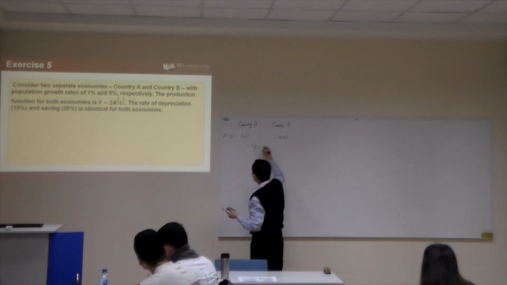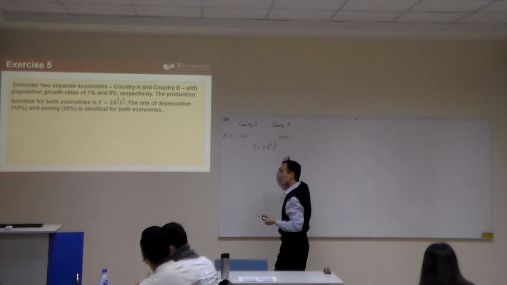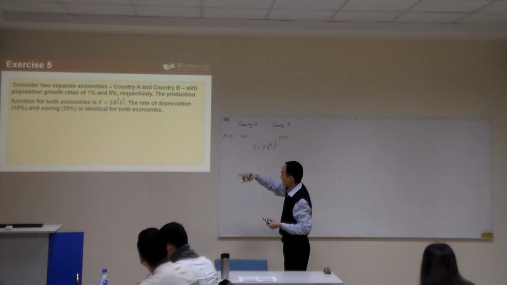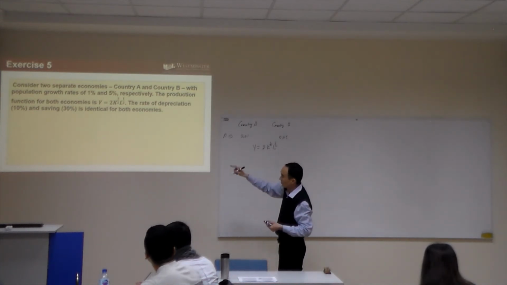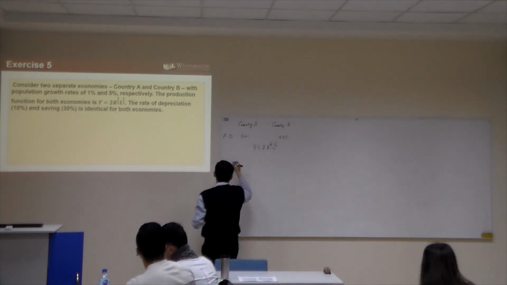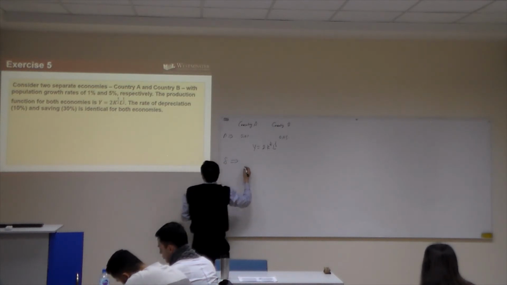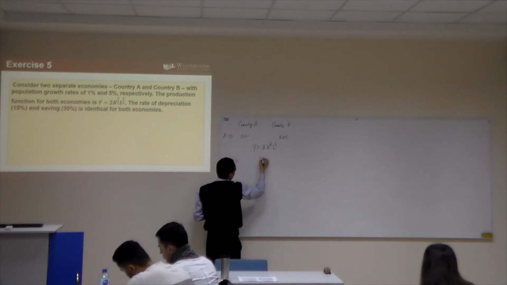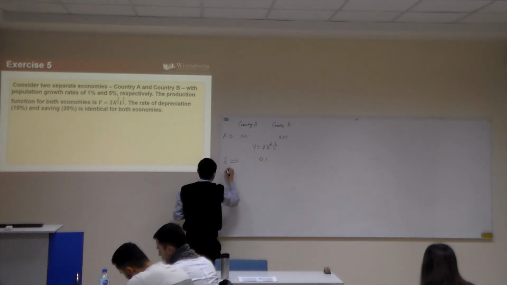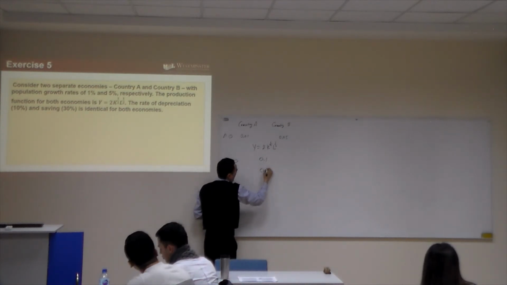Output is equal to technology times capital in the power of 1/2 times labor in the power of 1/2. More data is given. Depreciation rate and saving rate for both countries is same, identical, okay? Depreciation rate for both countries is 10%. And saving rate for both countries is 30%, 0.3.